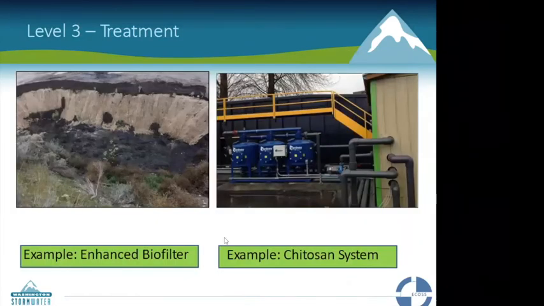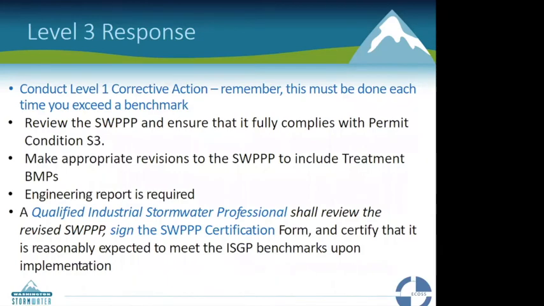So a couple different types of treatment examples are enhanced biofiltration or a chitosan system. If you're interested in more treatment BMPs, we talk about that much more in our session 3 in our ECOSS webinars and 101.